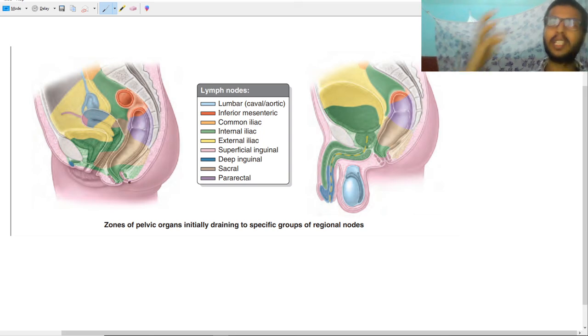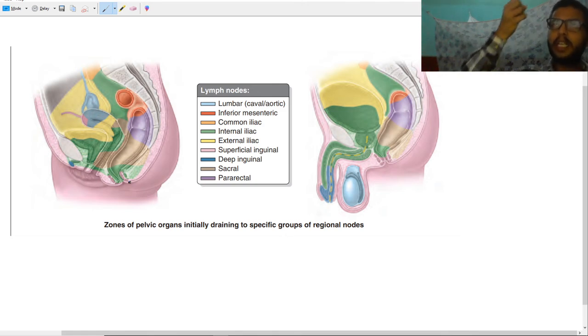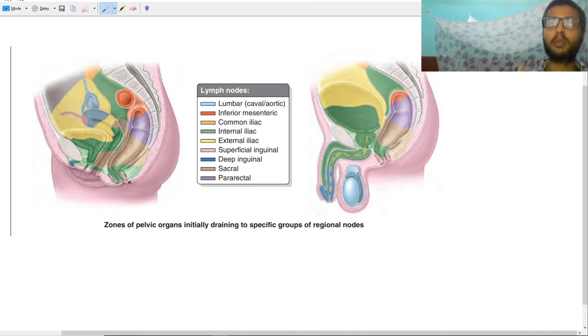You already know what structures drain to superficial inguinal nodes. The structures in the perineum drain to superficial inguinal lymph nodes except glans penis and glans clitoris, because they drain to deep inguinal lymph nodes, okay. Also remember distal spongy urethra and glans penis drain to deep inguinal nodes. Almost all other structures in the perineum drain to superficial inguinal lymph nodes because these are superficial structures, okay.